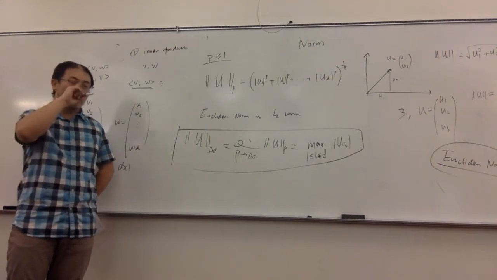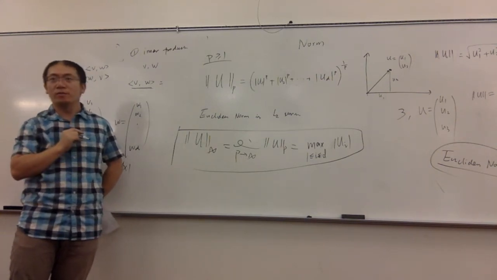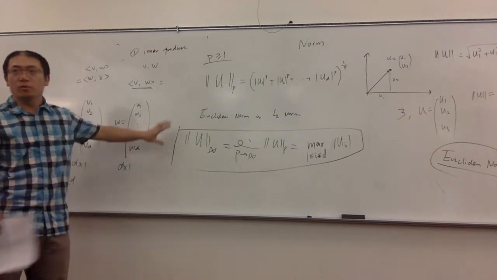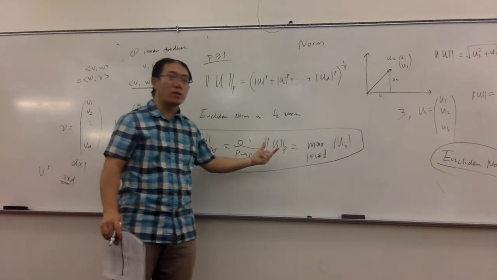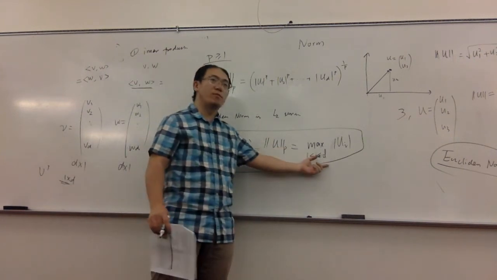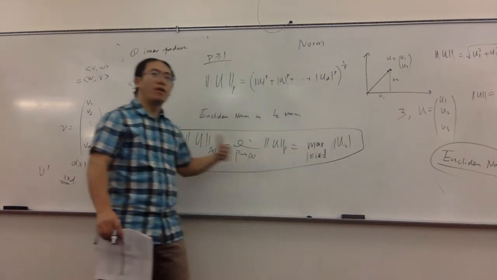To refresh your mind about the definition of limit, there's a very simple proof to show that when you calculate the limit as p approaches infinity, it is exactly the maximum absolute value of the elements.